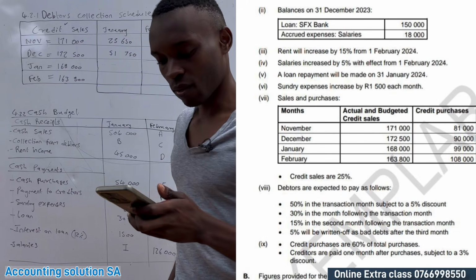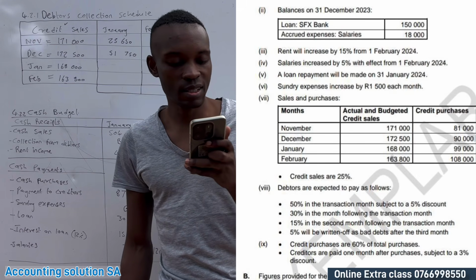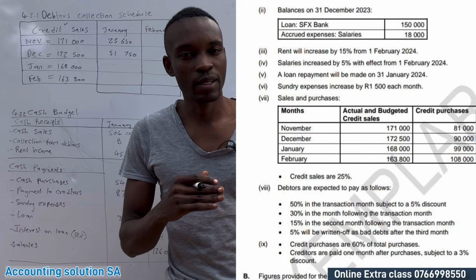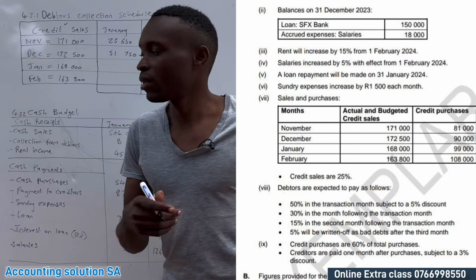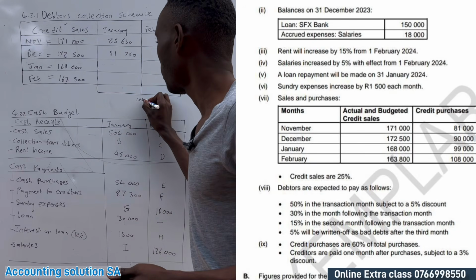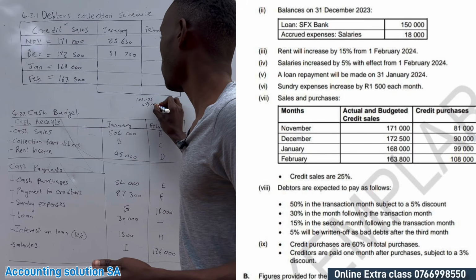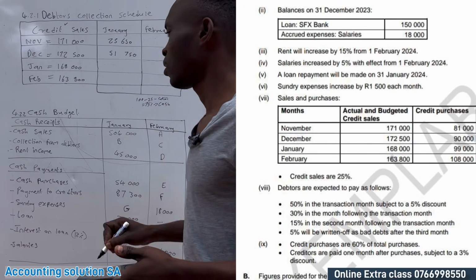Now let's check. They say the credit sales are 25%. If the credit sales are 25%, the rest is cash. The rest is how many percent? 100 minus 25 equals 75%, which means 75% is cash and 25% is credit.